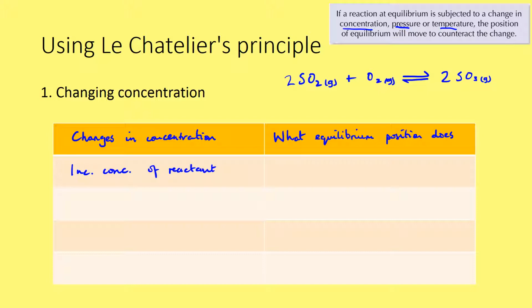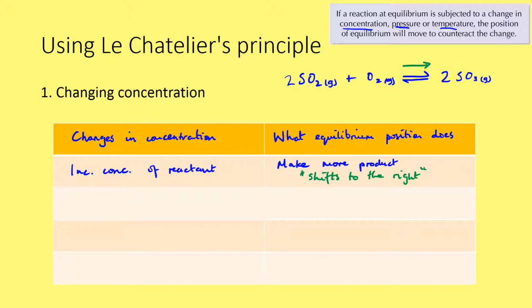So it's going to make more product. In technical terms, we can say that the equilibrium position shifts to the right.